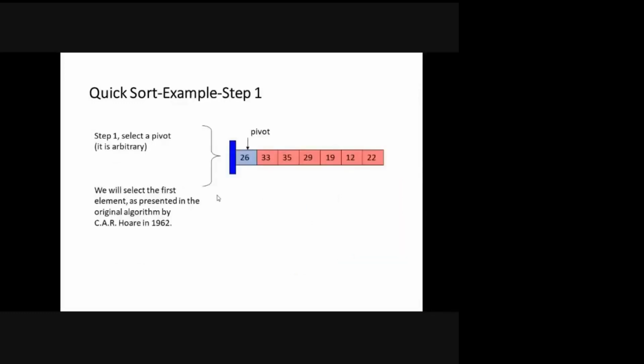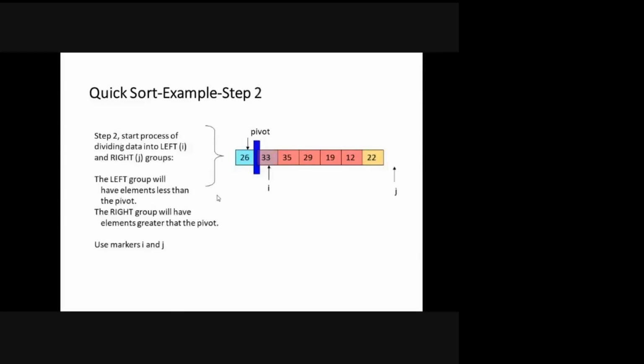Now I'll start with an example which makes it more clear. You are going to select a pivot element. Here I am taking the first element, 26, as the pivot. This 26 will be compared with the next element. You are going to use two markers or two pointers, I and j, two variables otherwise.